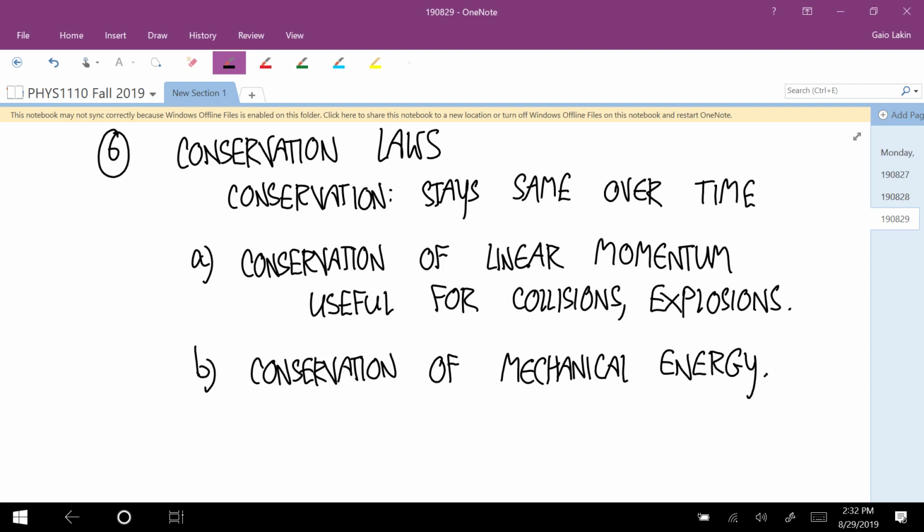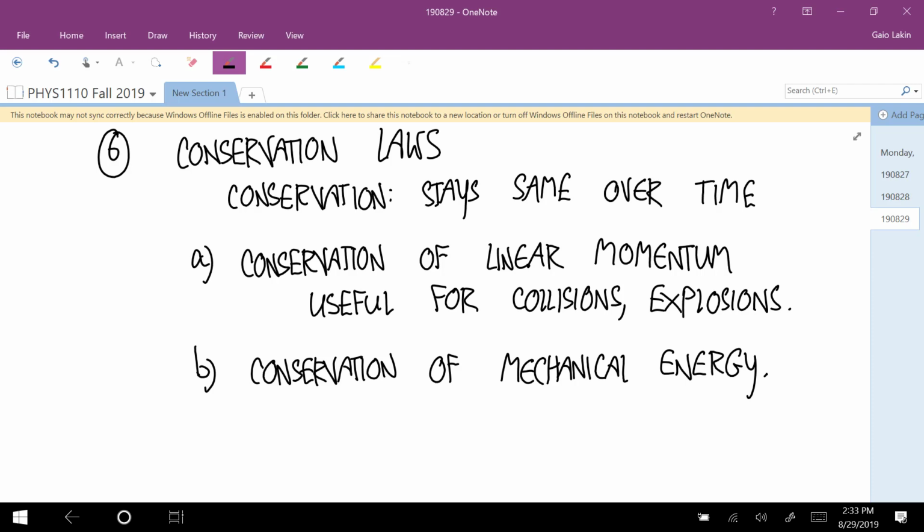Conservation of energy always holds. But there are a lot of different kinds of energy: kinetic energy, potential energy, electric potential energy, internal energy that's related to temperature. There are lots of ways to transfer energy around.